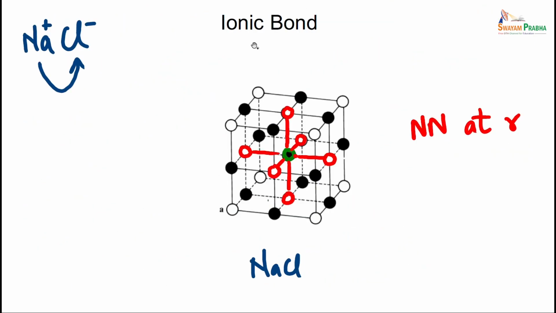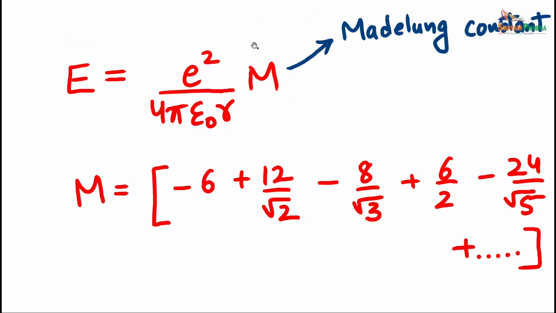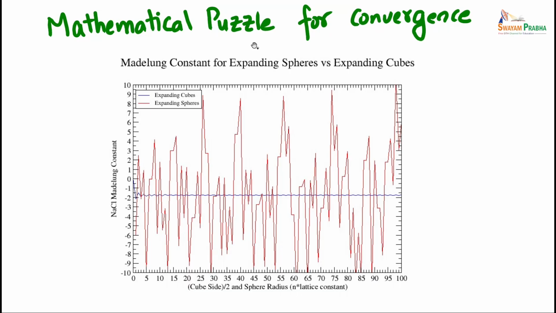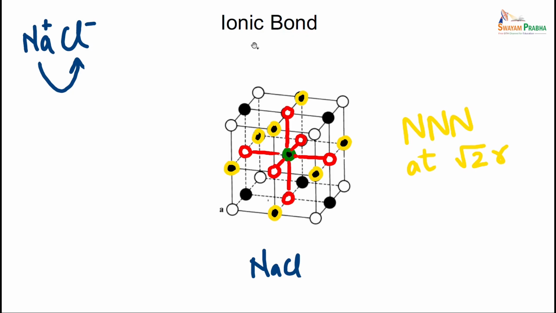As you mentioned, there is actually a crystal. We should do all the calculation for the crystal. I will just mention, for lack of time, that this is a very interesting mathematical puzzle. Try computing this series, taking that one Na plus has 6 neighbors in this crystal which are chloride, and then there are many neighbors which are next nearest neighbors which are sodium, and so on.